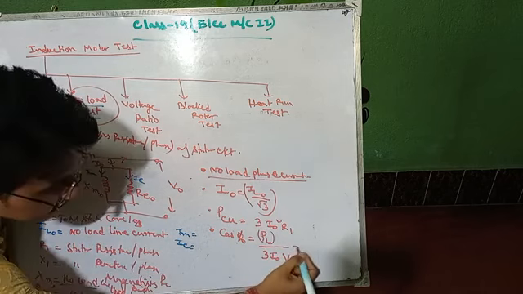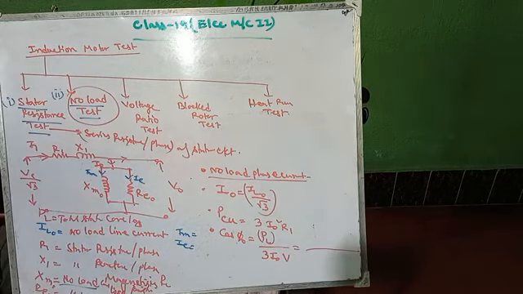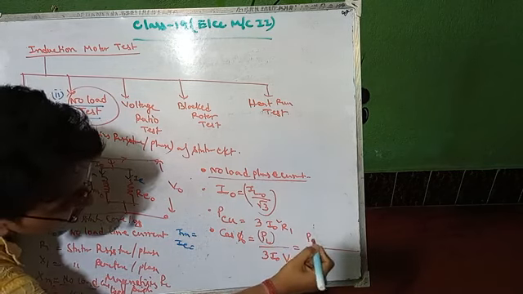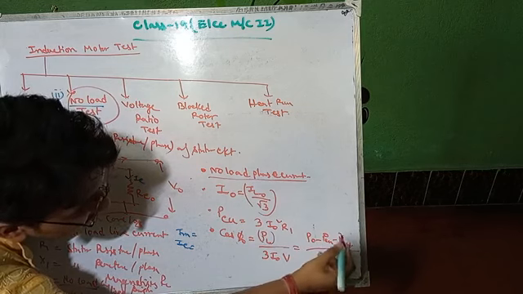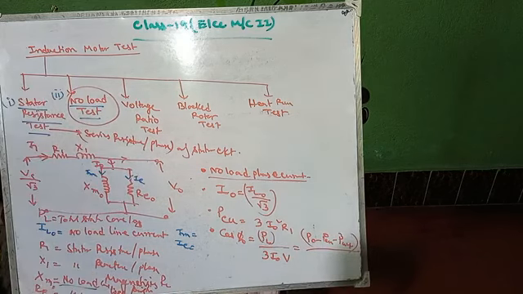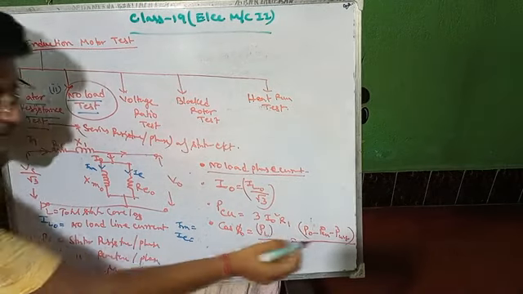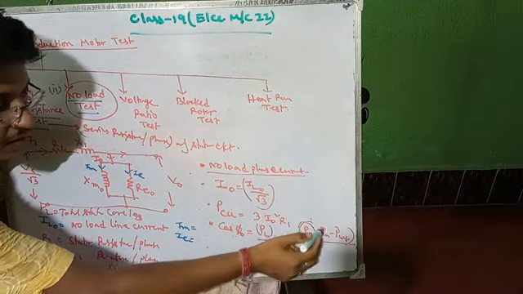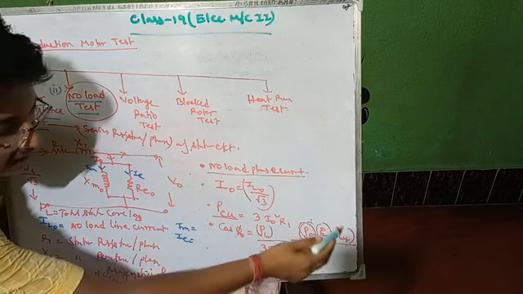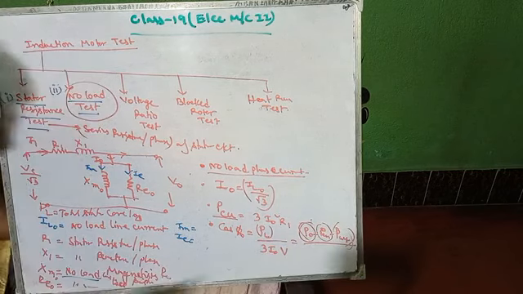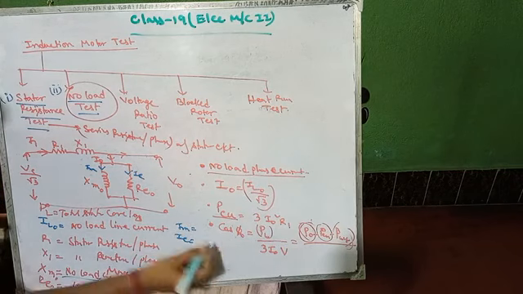So this PL can be written as P naught minus PCU minus PWF, that is the windage friction loss. Which are given to you. P naught is given, the total rating power or output power, PCU equals the copper loss, that is this one, and windage friction loss is also given to you. Okay, so the third formula will be this one.